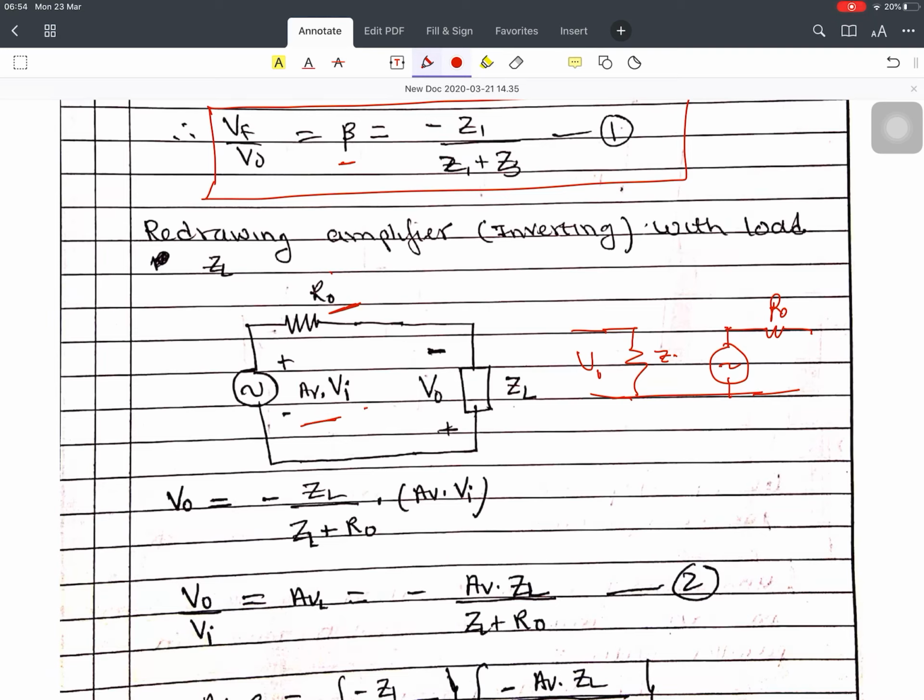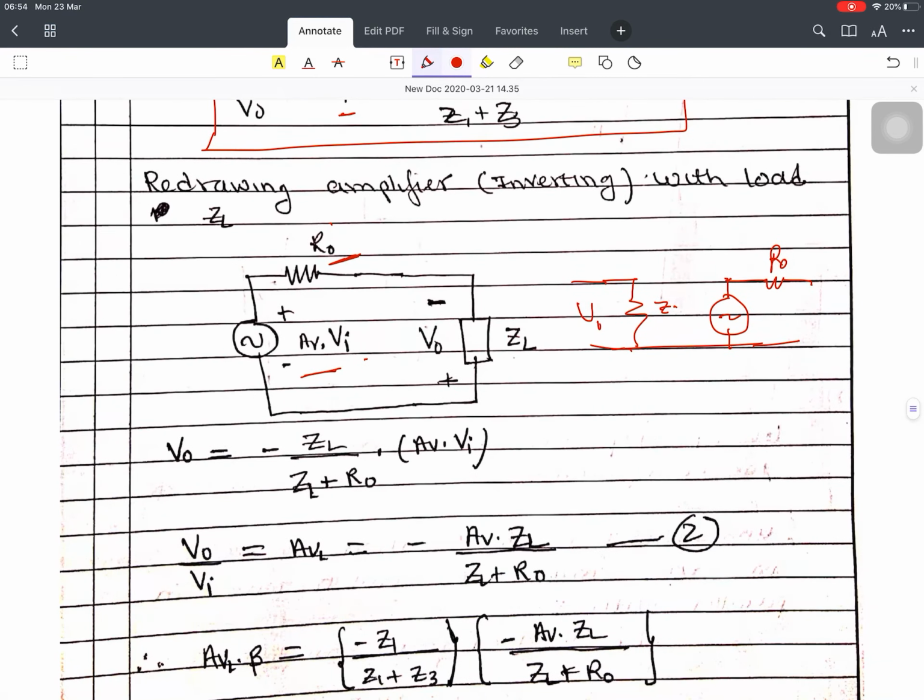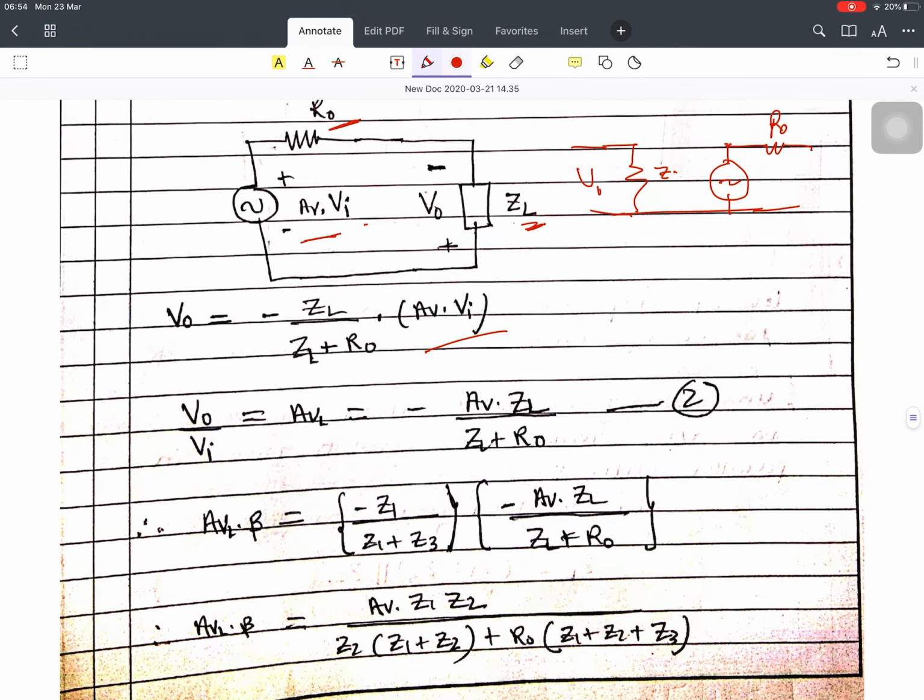Now when I solve this, I get Vo as ZL, that is load, load plus Ro into entire voltage. Now solving this, you will get a new term which is AVL, voltage gain with load, and Av is gain without load. Please don't get confused.